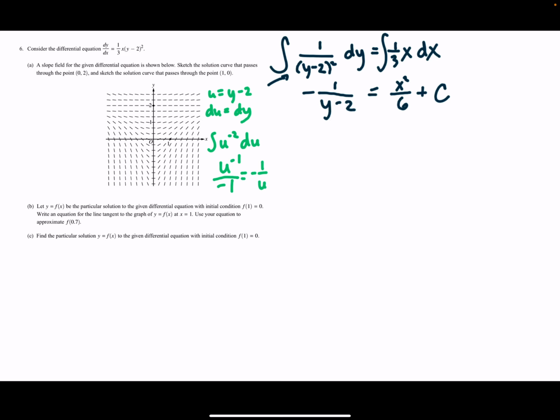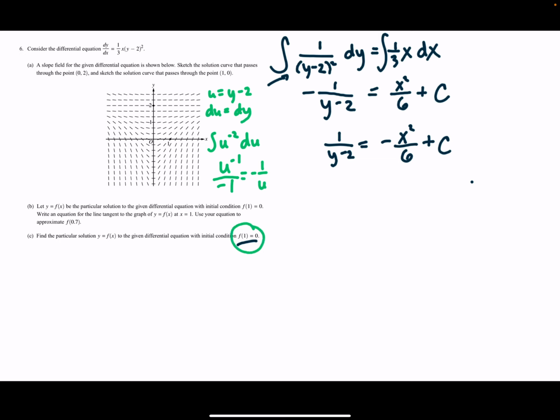I'm going to get rid of the negative and make it 1 over (y minus 2) equals negative x squared over 6 plus C. And I'm going to solve with my initial condition right now. My effort to plug in this point, the coordinate (1, 0), is enough to earn an additional point.